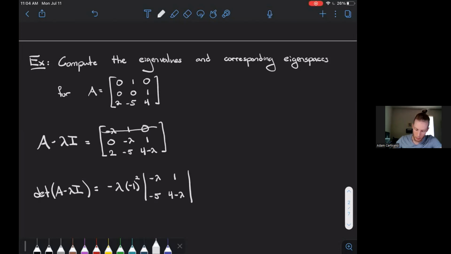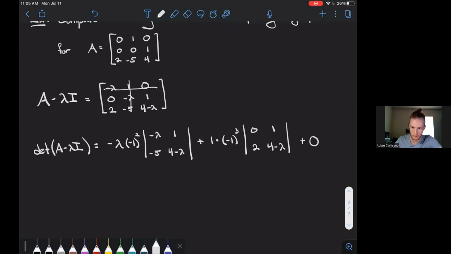Then we're going to add 1 times negative 1 to the 2 plus 1, which is 3, times the determinant of the 1, 2 minor of A. So 0, 1, 2, 4 minus lambda. And then, plus 0, of course. That would be from the third entry in the first row. Okay, great. So this is our determinant. We have more work to do.